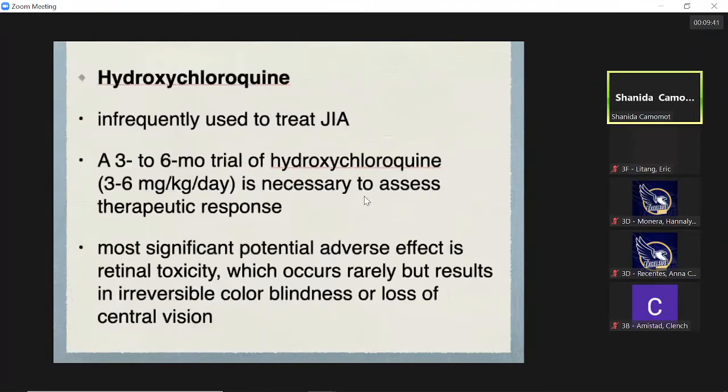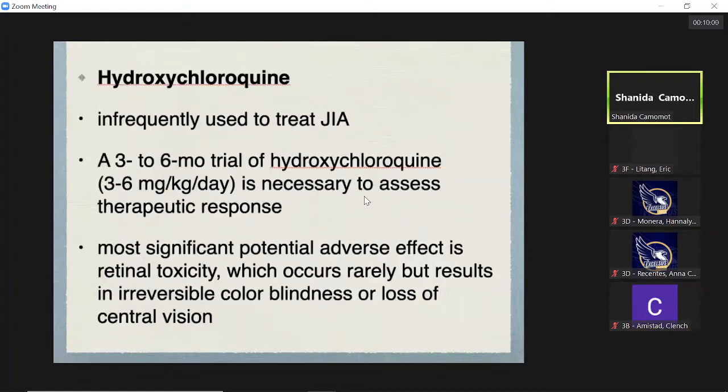The next non-biologic DMARD is your hydroxychloroquine. Last time I mentioned hydroxychloroquine as a treatment for dermatitis in patients with JDM. We also use hydroxychloroquine as treatment in JIA, although it's infrequently used.